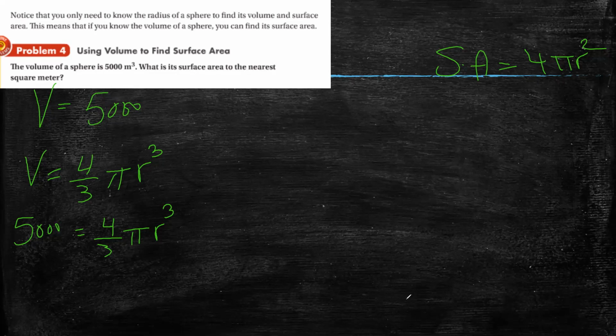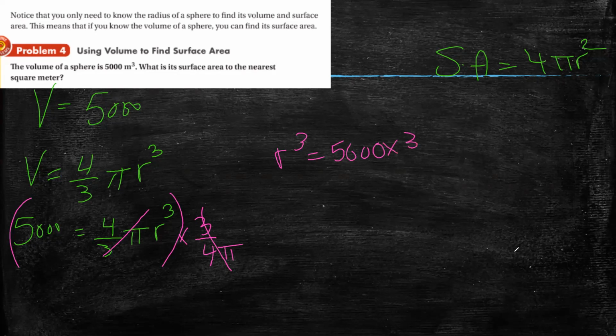So to find it, multiply by 3 over 4 pi on both sides. So here it cancels each other. So here r cubed will be 5,000 times 3 over 4 pi.